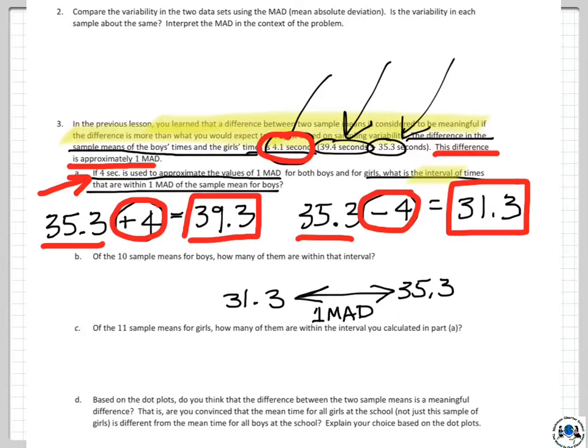And then from 35.3 to 39.3, that is also 1 mean absolute deviation. So between this place right here, between there and between there, they're both 1 MAD. That is a mean absolute deviation.